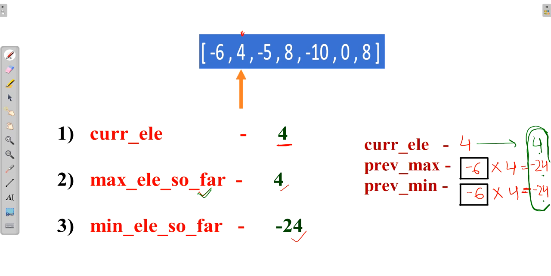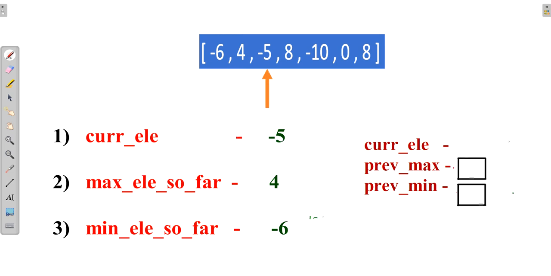Now again we will iterate for -5. We got current element as -5. Previous max element we will copy over here as 4 and previous minimum, which is -24. I'll multiply this with current element -5, so that we will get -20 and here 5 6s are 30, which will be positive.